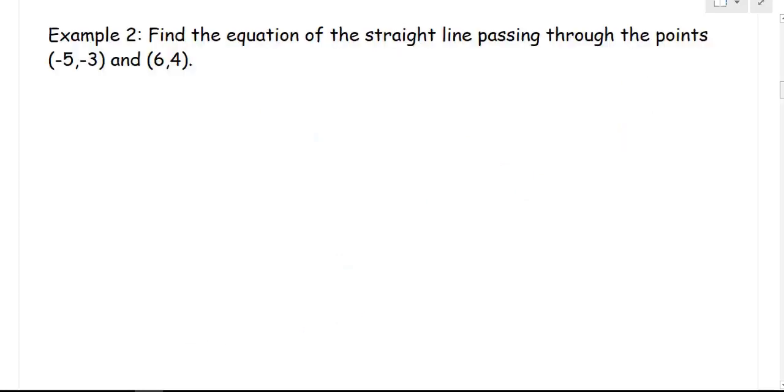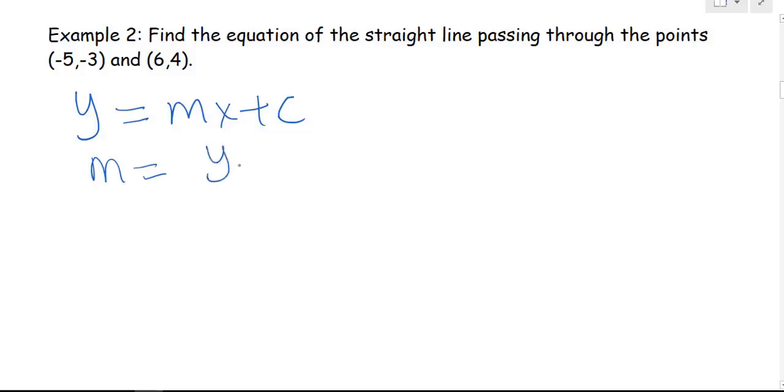In example number 2, we are told to find the equation of the straight line when this time the points are (-5, -3) and (6, 4). First of all, we want the equation to be of the form y equals mx plus c. We have learned that the value of m, the gradient, is equal to change in y over change in x, that is y2 minus y1 all over x2 minus x1.